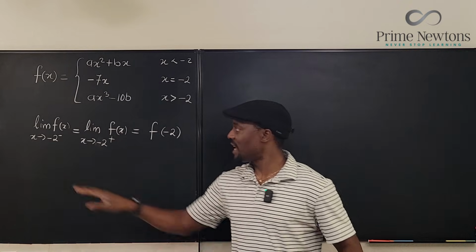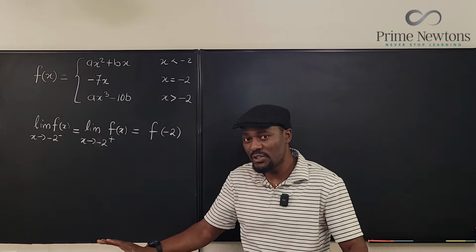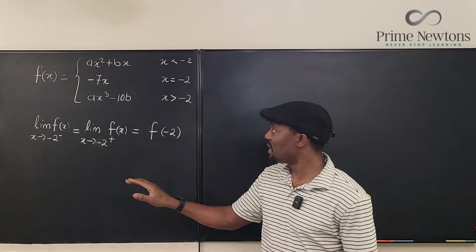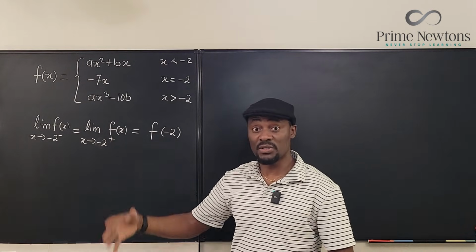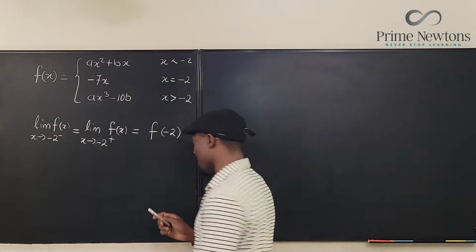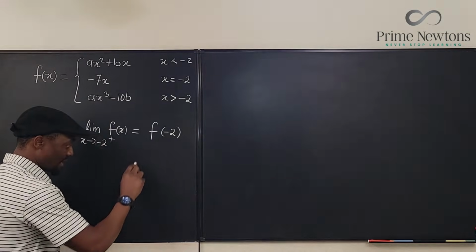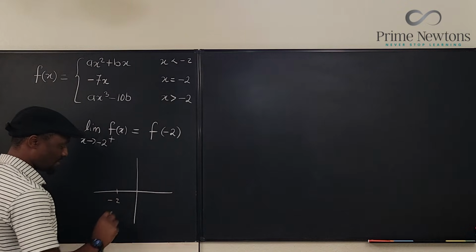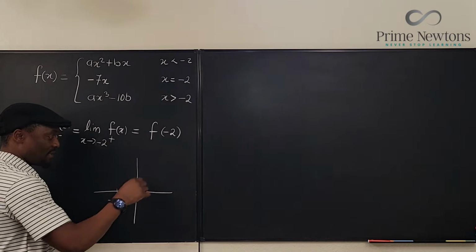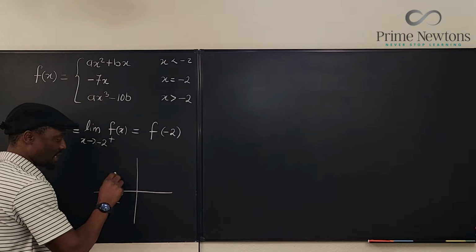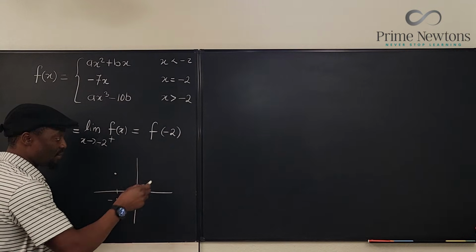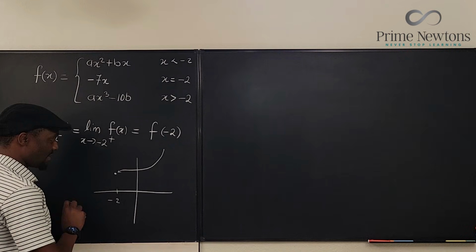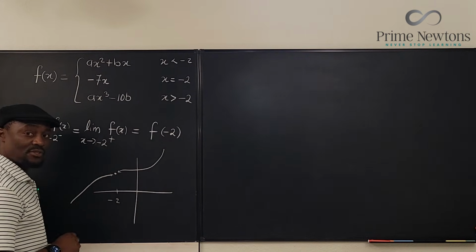So before you start taking your limits, the first thing you want to do is evaluate this. Because whatever these polynomials are, if this is your graph, this is at -2, and let's say the value of this function at this point is this. Then whatever you're doing from the right has to be coming in this direction, and anything from the left has to be coming in this direction.